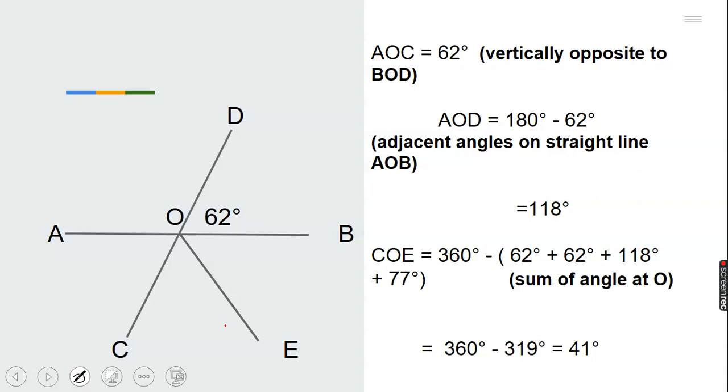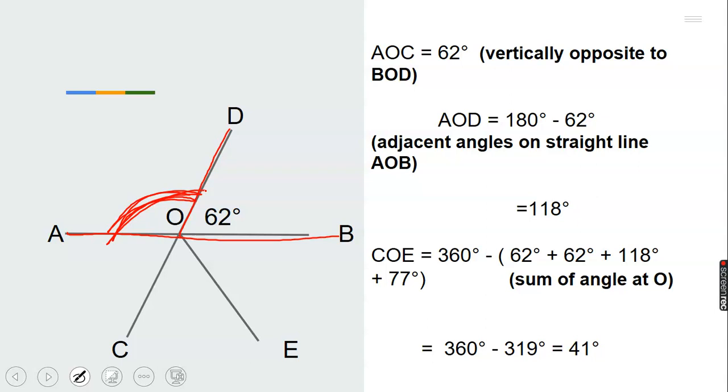Now, like I said, this is a straight line. This line is joining it. I can find AOD using the property of two adjacent angles on a straight line. We know that the sum of two adjacent angles on a straight line equals 180 degrees.